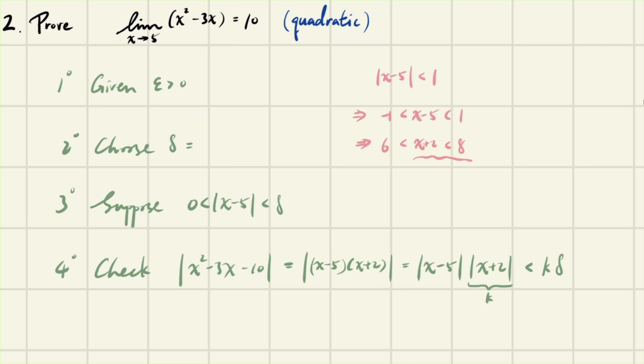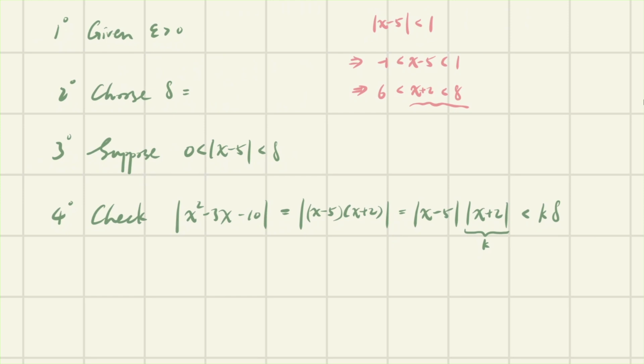Then we get 8 delta, and we choose this as our epsilon, meaning that we chose delta equals epsilon over 8.